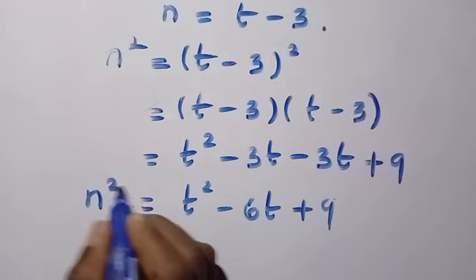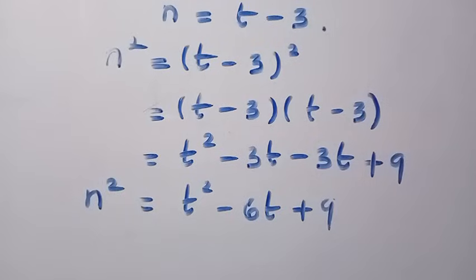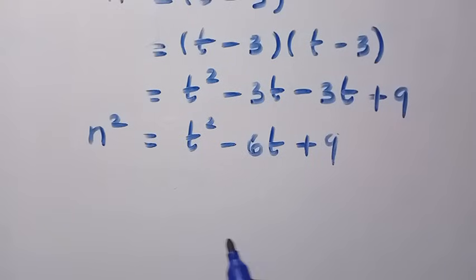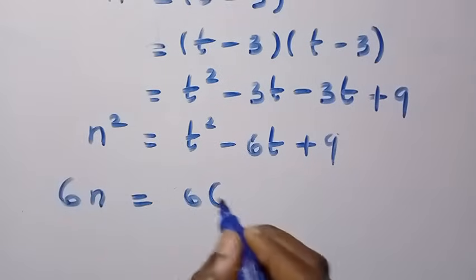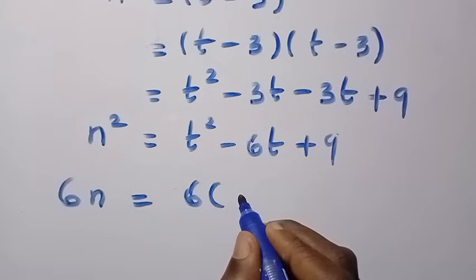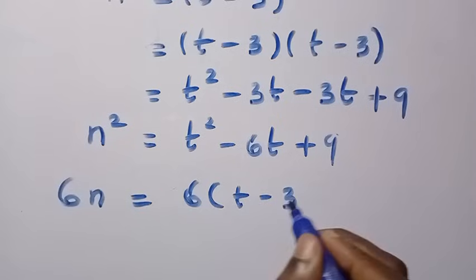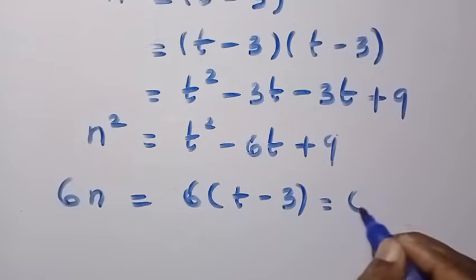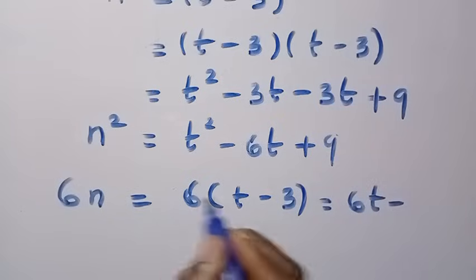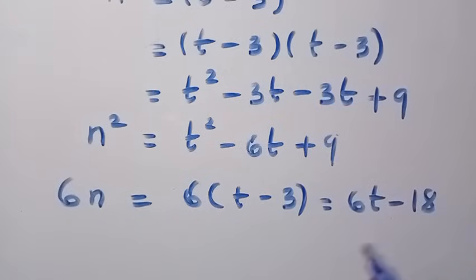This is for n squared. And out of this term as well, we also have 6n. For our 6n, it means we multiply 6 with what we have there, which is t minus 3. Then 6 times t gives us 6t, minus 6 times 3, that is 18.